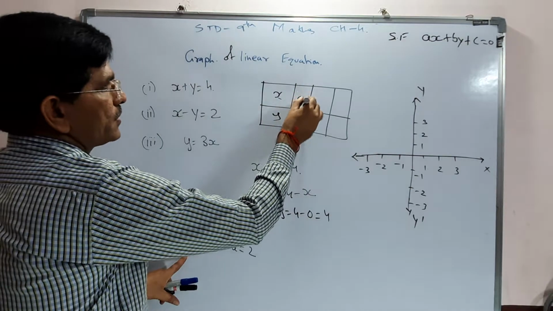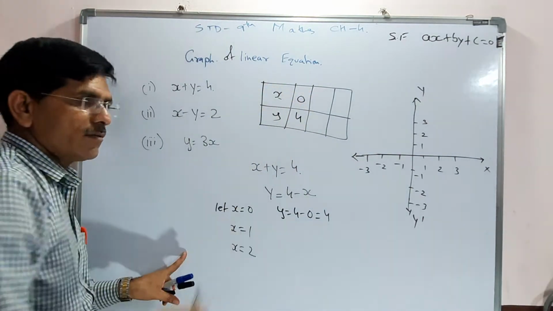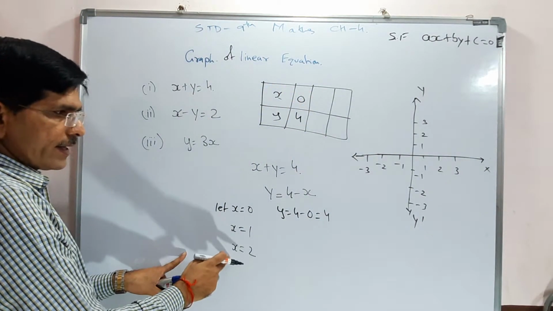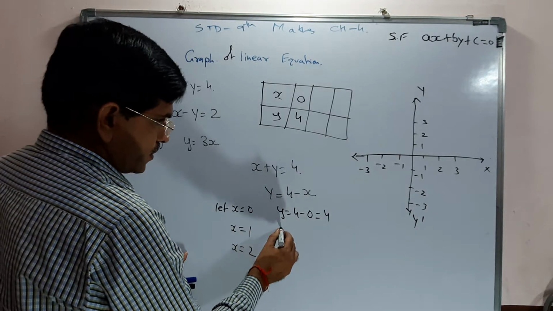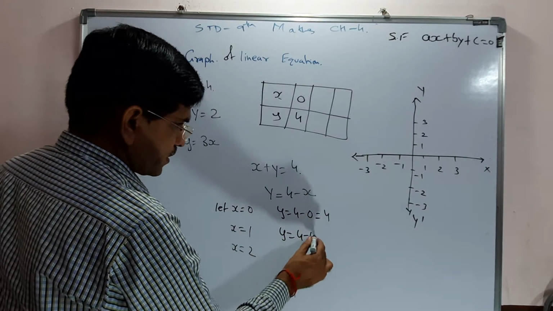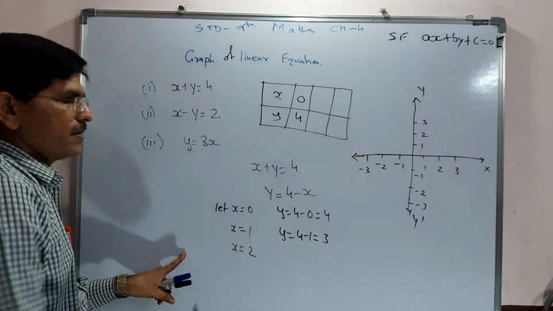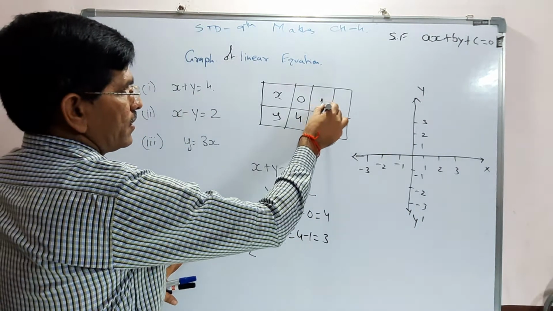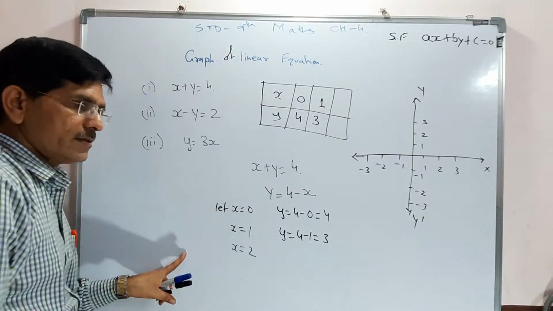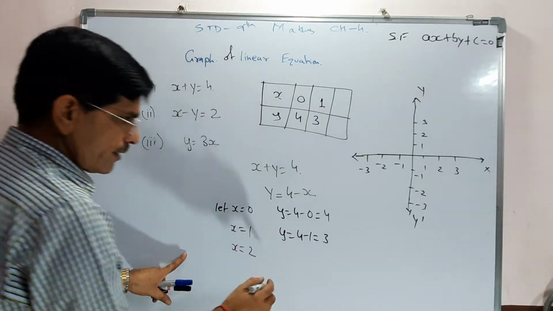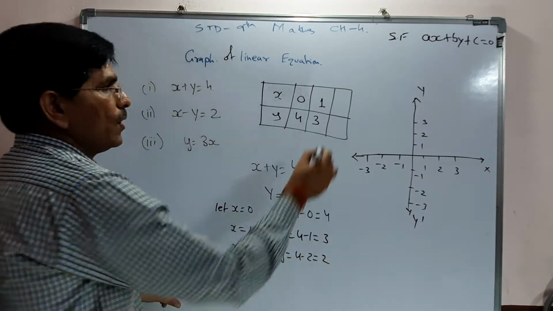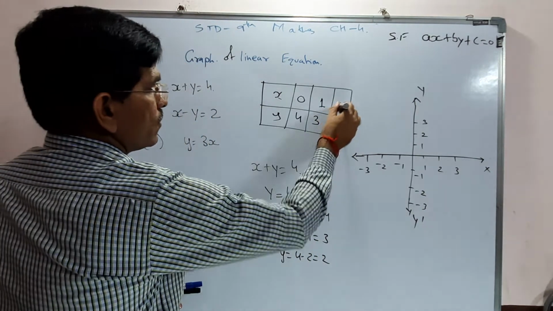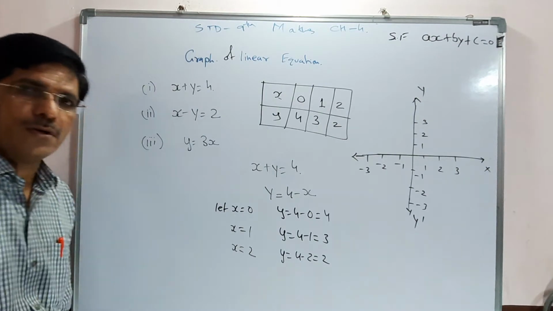If x is equal to 1, y is equal to 4 minus 1 is equal to 3. Now x equal to 2: y is equal to 4 minus 2, that is 2.